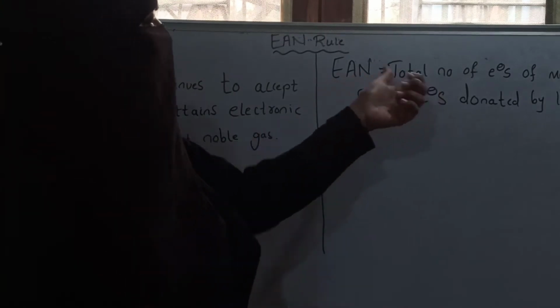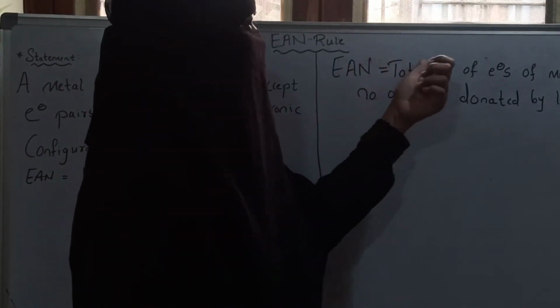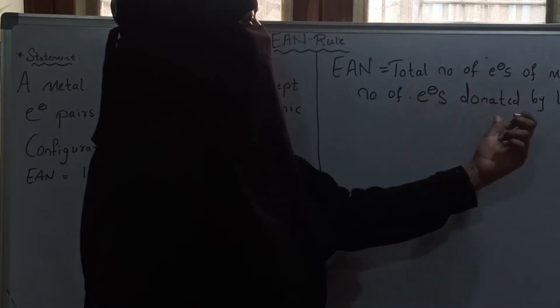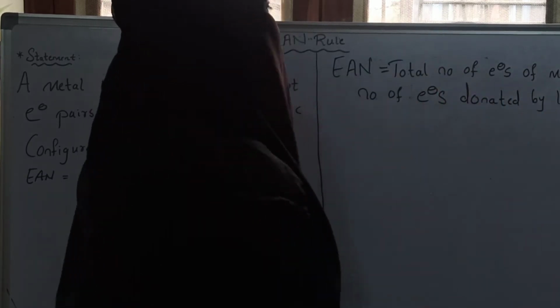EAN, or effective atomic number, is equal to the total number of electrons of the metal atom or metal ion plus the number of electrons donated by ligands.